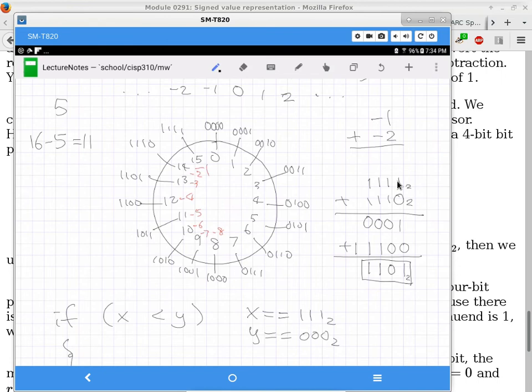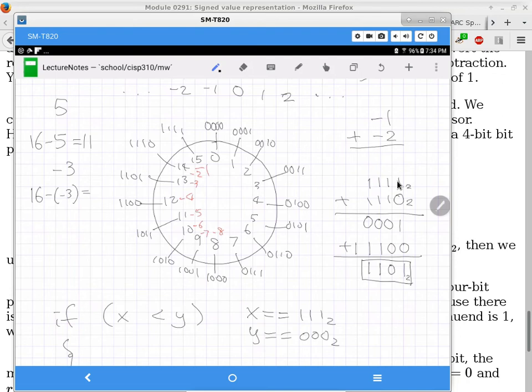Does it work the other way around? If I give you a negative value and you apply this trick, do you get back to the positive value? Let's check it out. Let's try negative 3. You start with negative 3 and apply this trick: 16 minus negative 3.